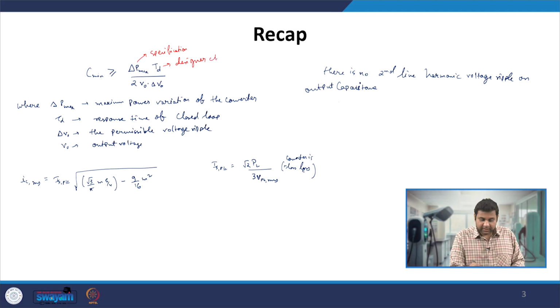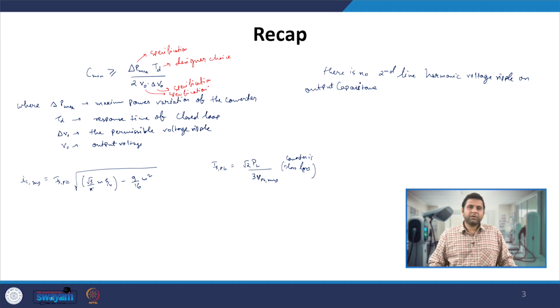Delta V naught is generally given in the specification, and V naught is also given in the specification. So from that one can calculate the minimum value of capacitance which needs to be put at the output of the 3 phase AC to DC converter.